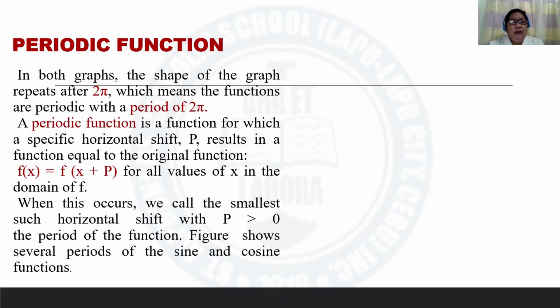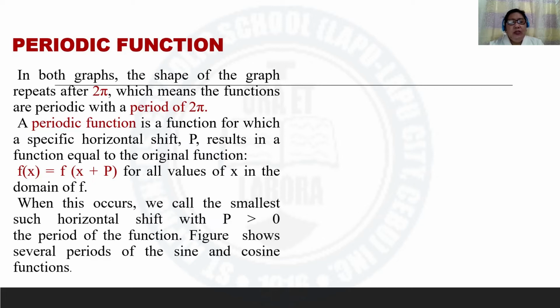So we have f of x is equal to f of x plus p for all values of x in the domain of the function. When this occurs, we call the smallest such horizontal shift with p greater than 0 the period of the function.